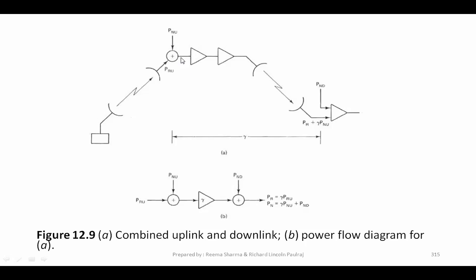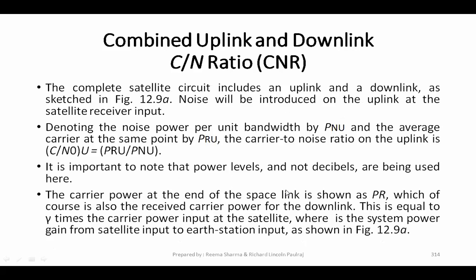Then the noise that gets introduced at the receiver, and this is about your downlink. From this satellite antenna, the signals are transmitted to our base station, and this PR is what we are talking about. So the carrier power at the end of the space link is shown as PR, which of course is also the received carrier power for the downlink.